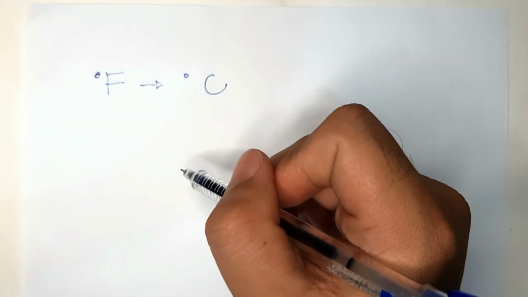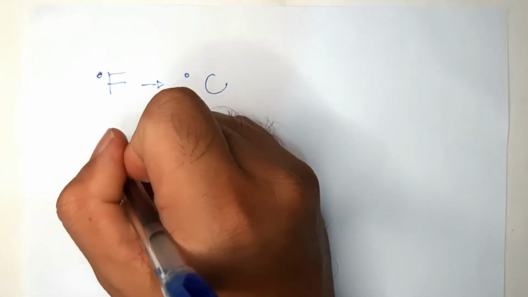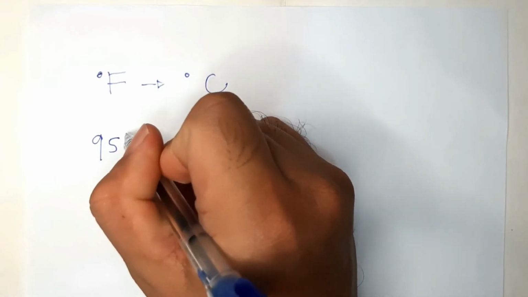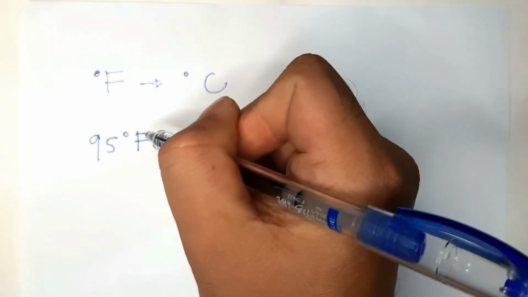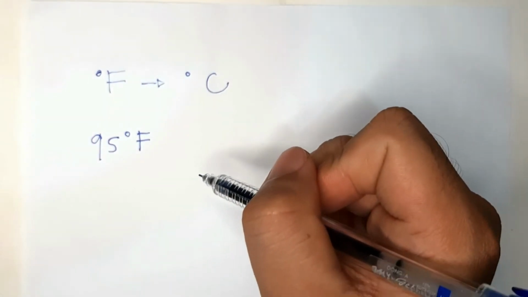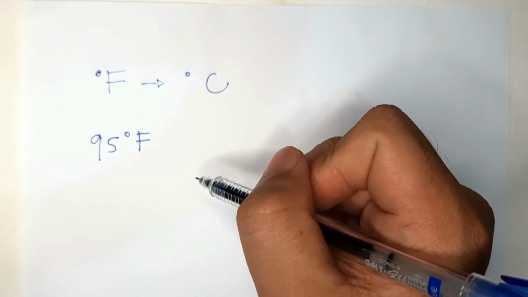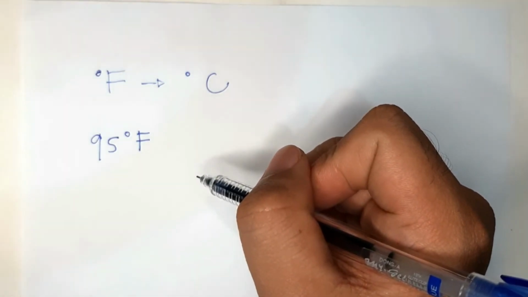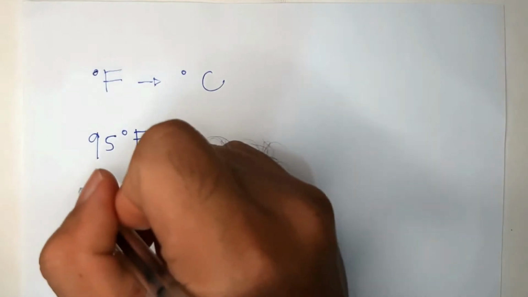So let's say we have the temperature of 95 degrees Fahrenheit. How can you calculate the Celsius temperature? The equation we are going to use is this equation.